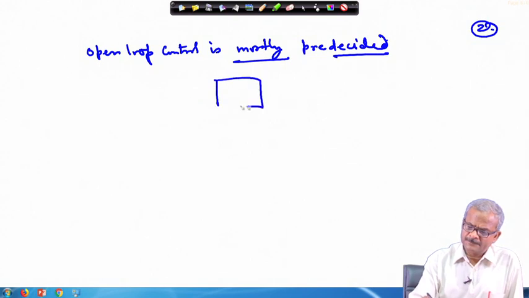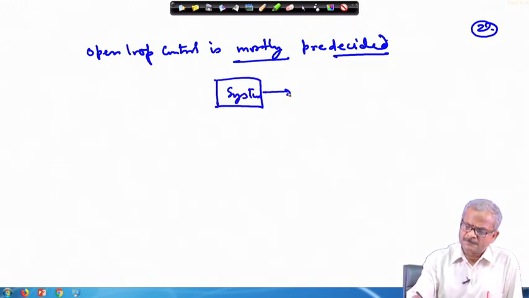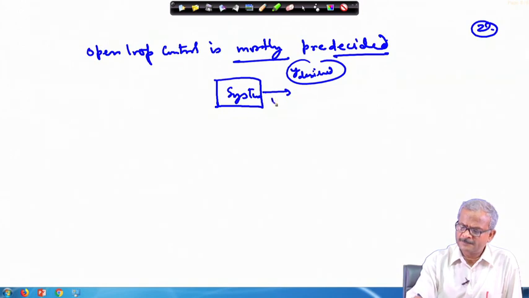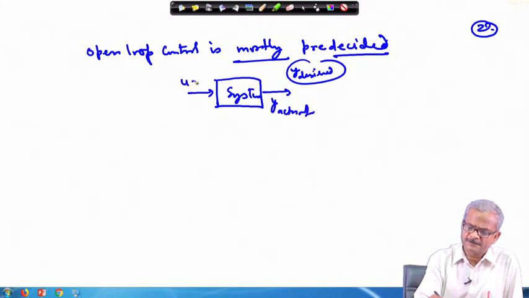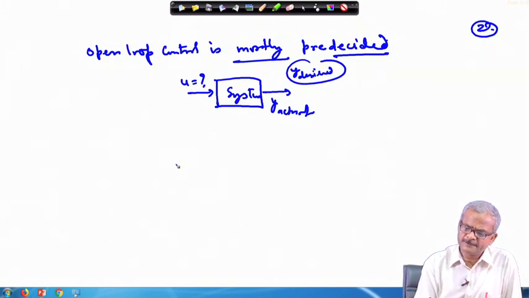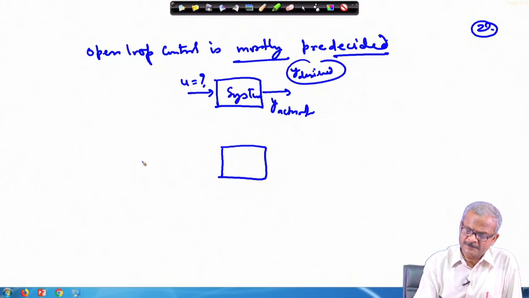That means you have a system here. What you want to do is this, the desired output here. This is the actual output of the system, and you design this control U. So this you are putting in the open loop. If we do the same thing in the closed loop, I will put y desired here. This becomes my reference value, this is plus and here minus.